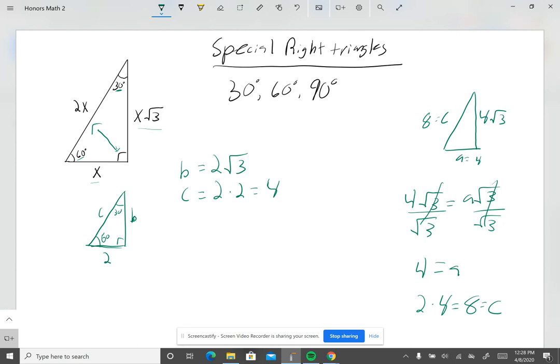And they could give us any side, and we could divide or multiply using these ratios to find any other side length. So with 45, 45, 90s and 30, 60, 90s, you only need one side length, and we can figure out all the rest based on these ratios. This is something that's going to be pretty important, like during this time, to pretty much memorize it, so that as it comes up in later courses, at least if you've had it memorized one time, it'll be easier to recall.